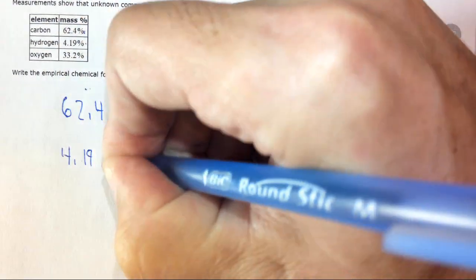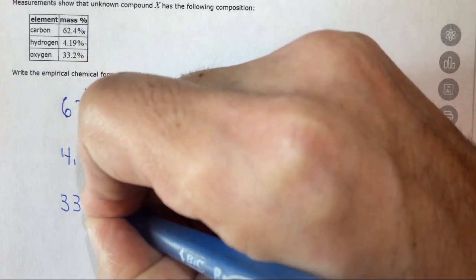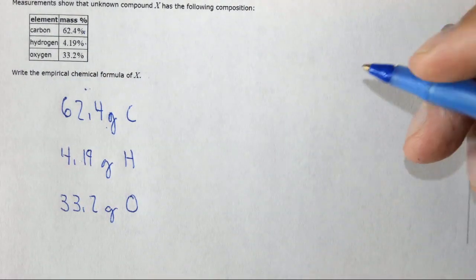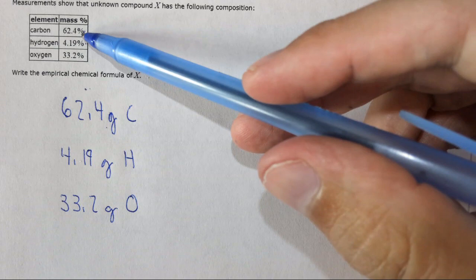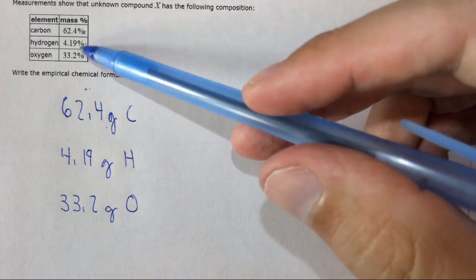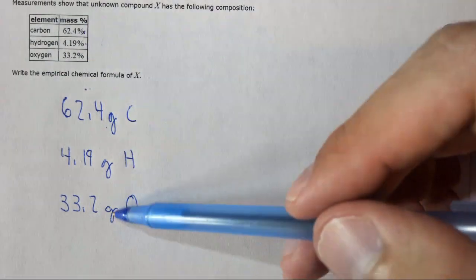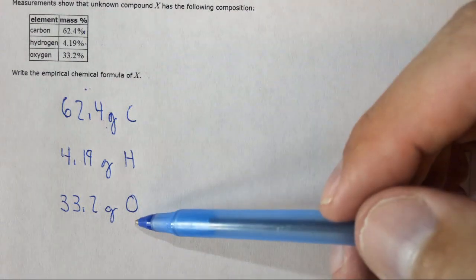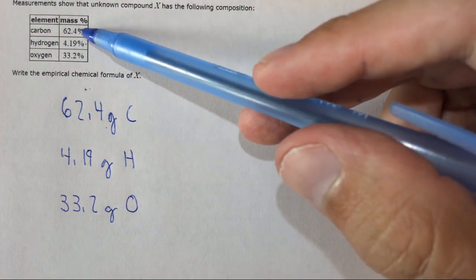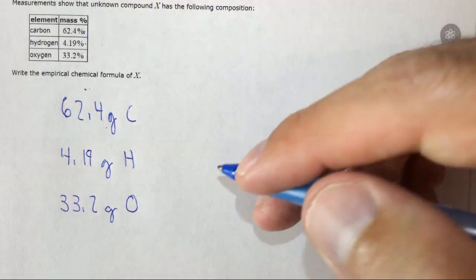Similarly, it gives us 4.19 grams of hydrogen and 33.2 grams of oxygen. So if we assume we have 100 grams, we can simply change the percentage sign to grams for each of the elements, because this is the amount out of 100.